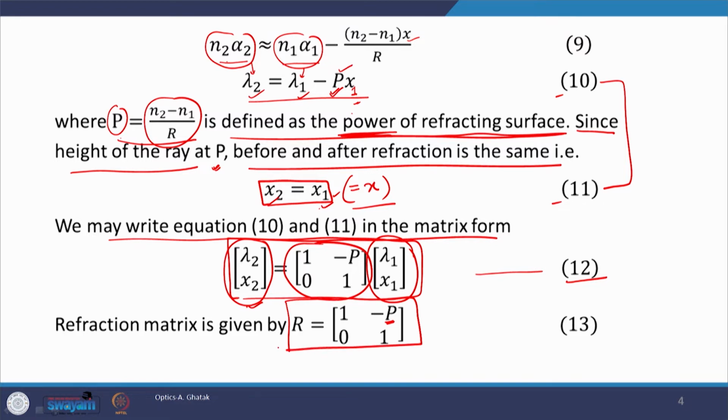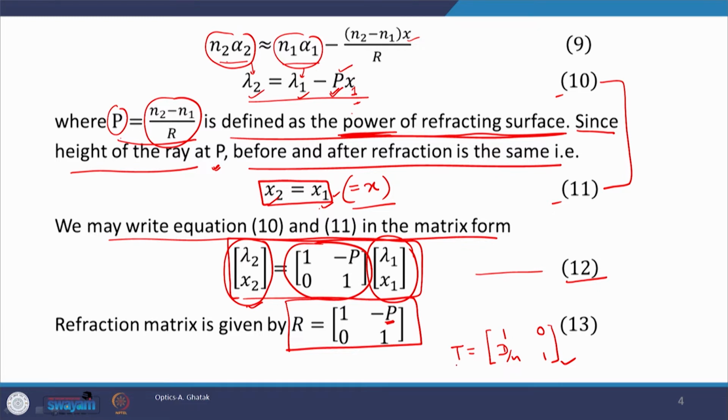We have already derived an expression for the translation matrix, which is given by 1 0 1 d by n. This we derived in our previous class, and in this expression, capital D is the distance between 2 points, and a ray is traveling between these 2 points, and n is the refractive index of the medium.